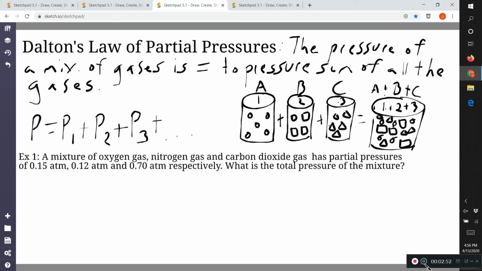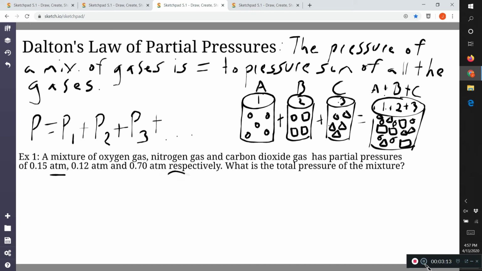So let's look at an example. A mixture of oxygen gas, that's O2, nitrogen gas, N2, and carbon dioxide gas, CO2, has partial pressures of 0.15 atmospheres, that's what ATM stands for, 0.12 atmospheres, and 0.70 ATM, respectively.